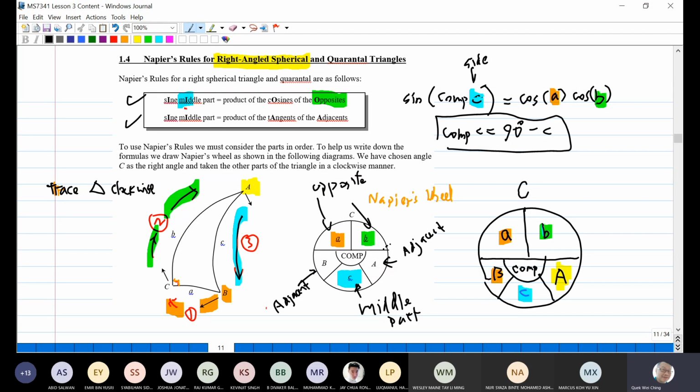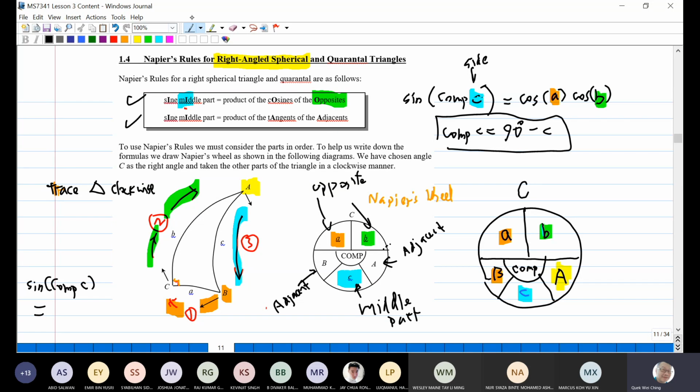In this case, what does the second statement say? Remember, everything in the lower half, you must put a com. So the second part of the statement is sine of com C, which is equal to the product of tangent of adjacent.